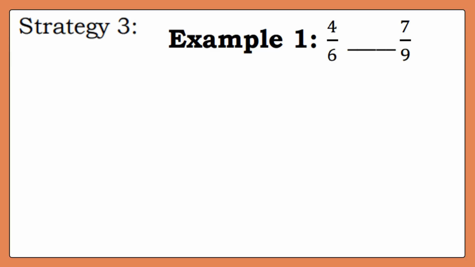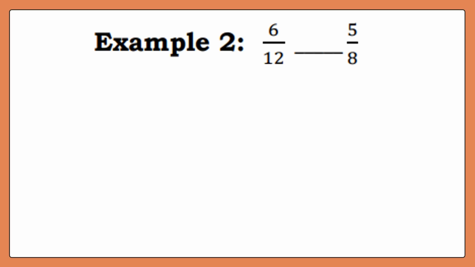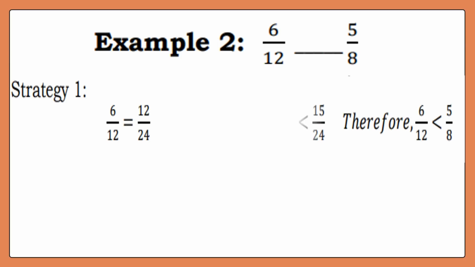Strategy number 3, cross multiplication. 36 is less than 42. Example number 2, 6/12 and 5/8.